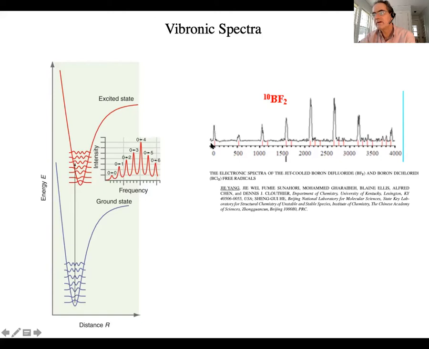So that means that starting from here, this is the transition from the initial state to the lowest vibrational state of the upper manifold. So that's this one. And the next transition is to the quantum number equals 1 state, quantum number equals 2, 3, 4, 5, 6, and so on.